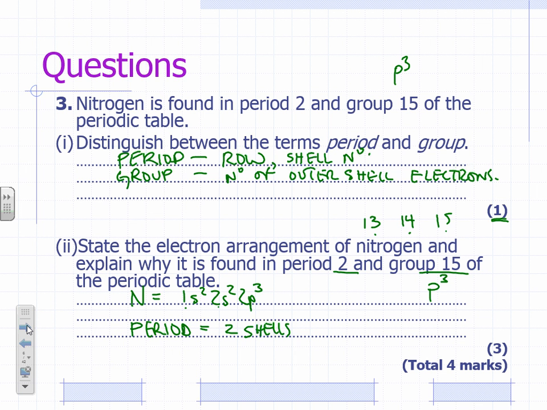So groups 13 to 18 are the P block. So it's the third element in the P block. So it's p3. And if it's p3, then that means that it's group 15.